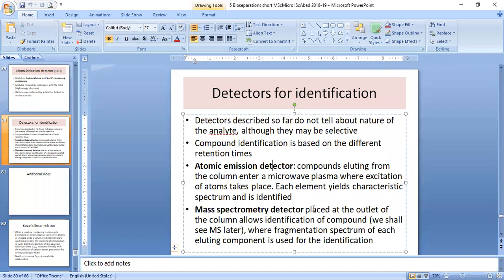We can also link an FTIR instrument or a Raman spectrometer. We can put an NMR as a detector. Whatever we have learned in the analytical part in spectroscopy, those instruments can be attached to the gas chromatographic system or HPLC system, and the sample molecules can be identified.